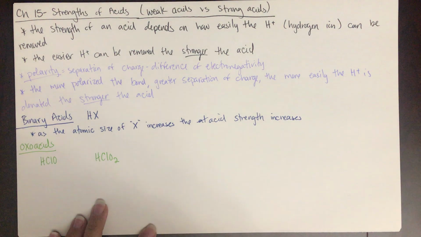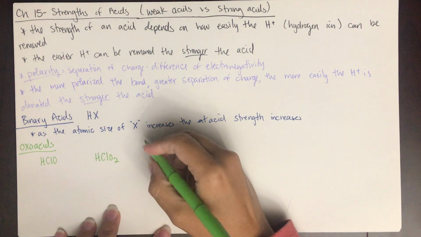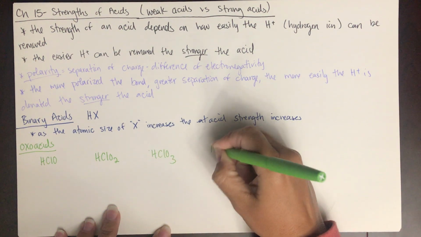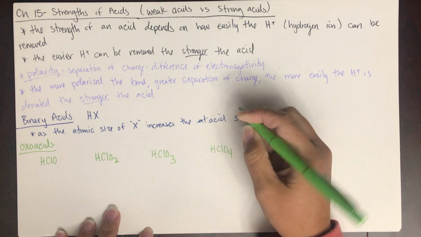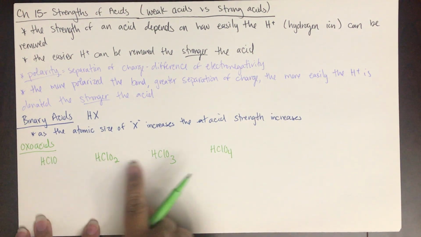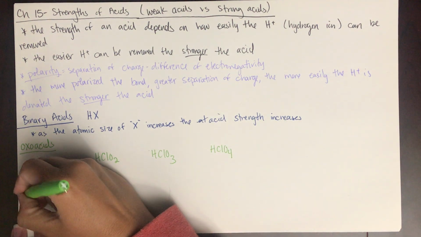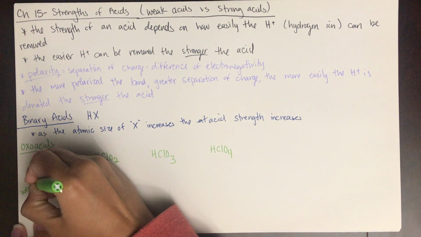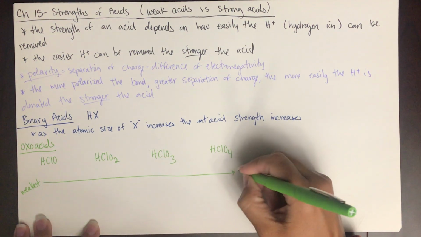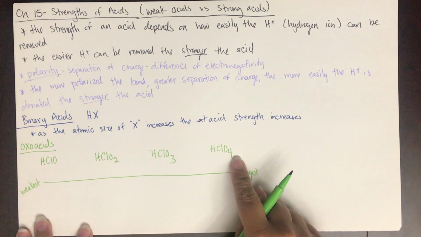These are some chloric acids. You see they all have an acidic proton that's going to be donated. But over here, this would be the weakest oxo acid, and this would be the strongest oxo acid in this example.